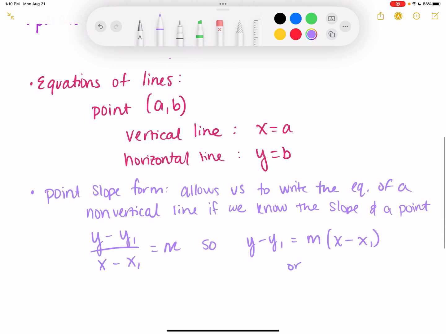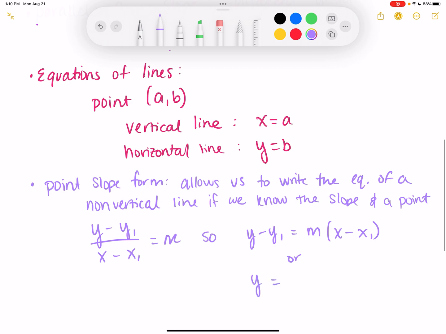The way this book commonly writes it is y is equal to m times x minus x1 plus y1. This is going to be the most common one that you see this book do, because it gives you a little bit more information in a sense about what we're going to be doing.